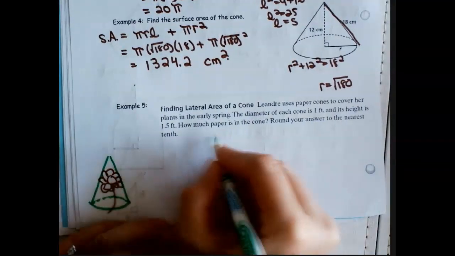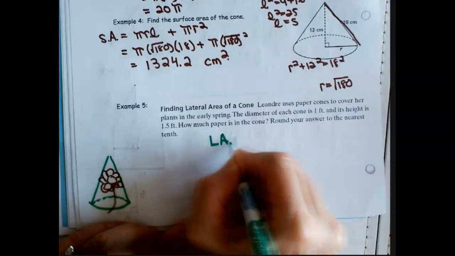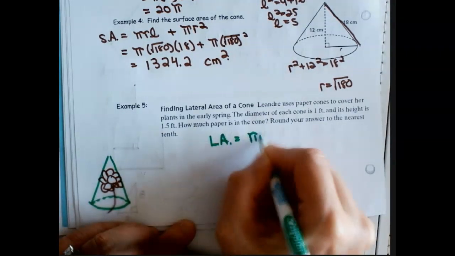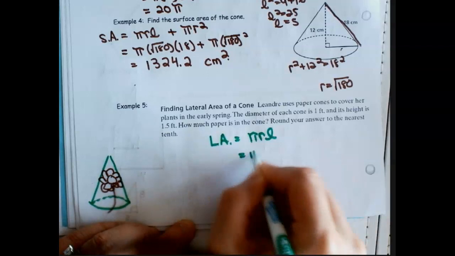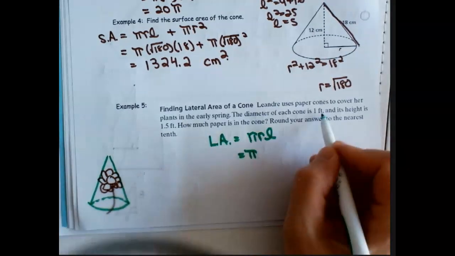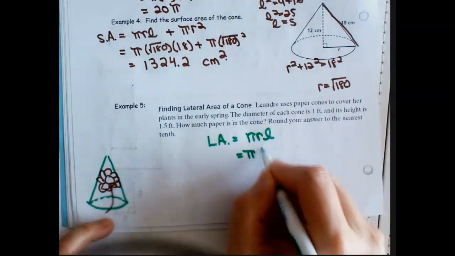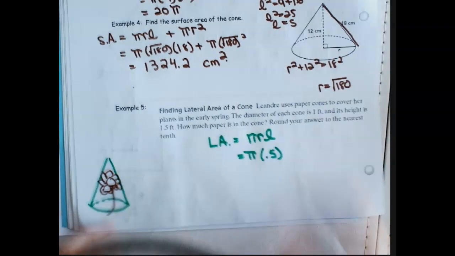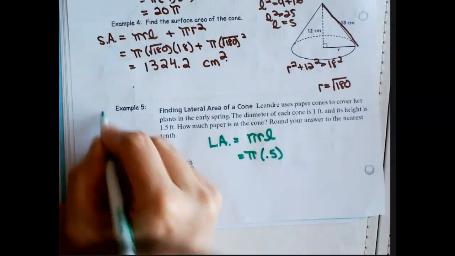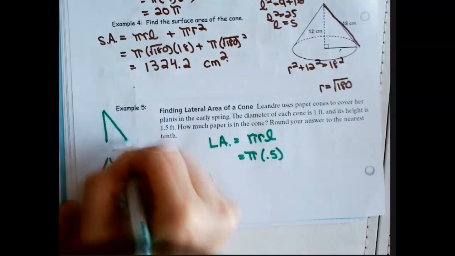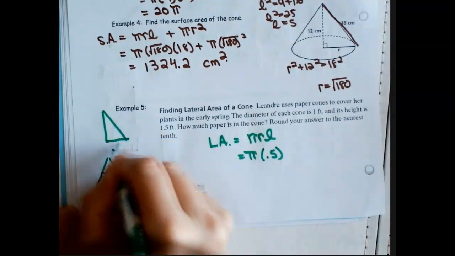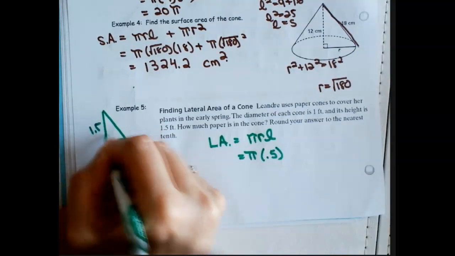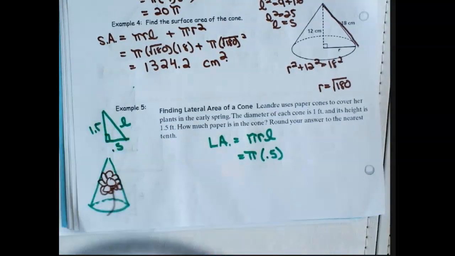So again, let's go back and look at your formula for lateral area. It says pi RL. We have a diameter of 1, which means the radius would be half of that, which is 0.5. And we have the overall height, which is 1.5. So again, let's come over here. We've got this length is 0.5. This is 1.5. We want to go again and find that slant height.